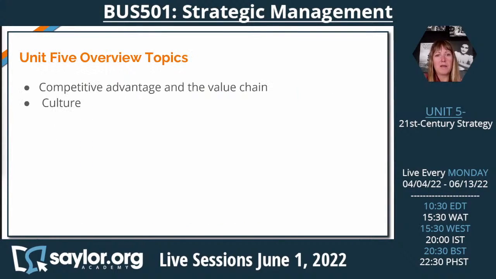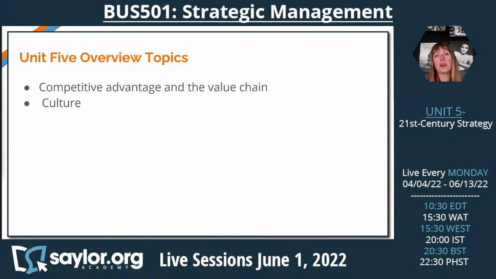And I think we'll skip that for now and talk a little bit about really the main topics that we're going to be discussing in this unit. We're going to revisit competitive advantage in this unit and talk about it specifically how it relates to the value chain. We're also going to talk a bit about culture and world culture and how do you create an international business and manage all of the things when you're doing business in another country.